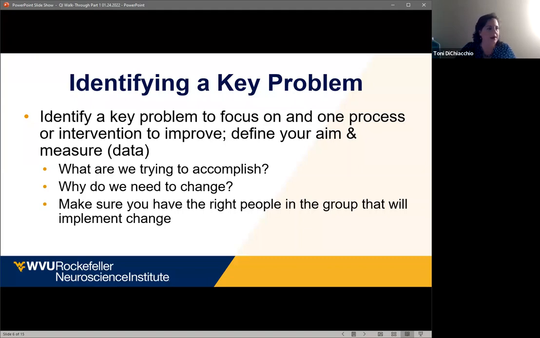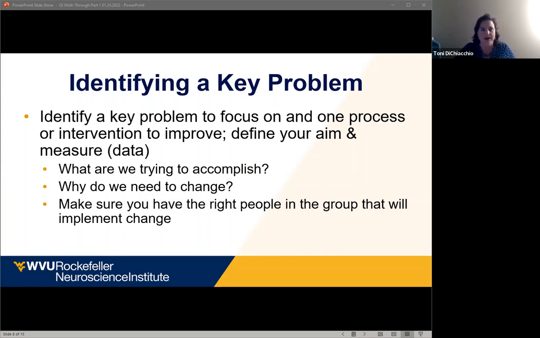For example, one particular patient's problem. If there are multiple patients you note the same issue, that could be a key problem. But for one particular patient, that would be more the realm of the treatment team taking care of that patient.